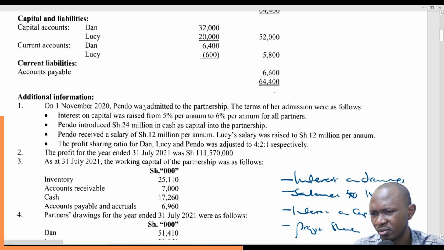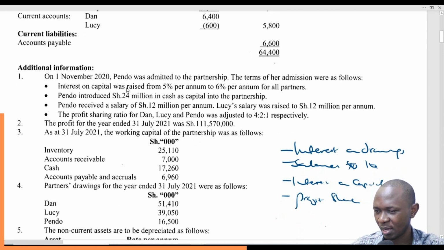Okay, on 1st November 2020, Pendo was admitted to the partnership. The terms of admission were as follows. Interest on capital was raised from 5% per annum to 6% per annum for all the partners. So 5% per annum.